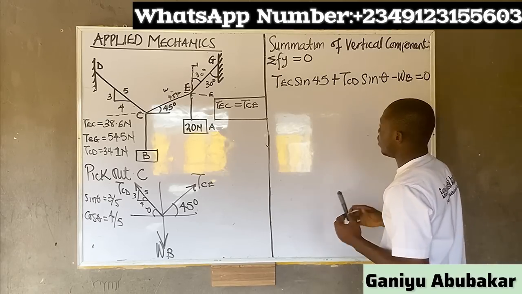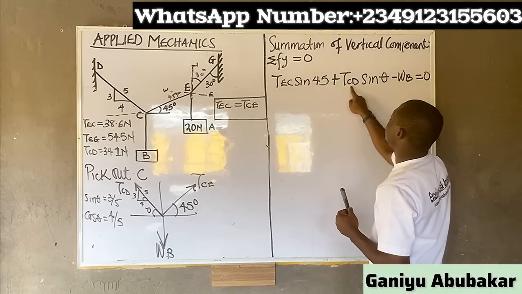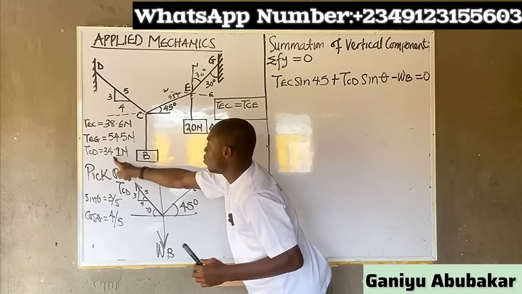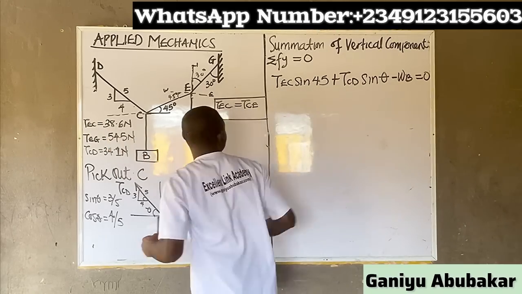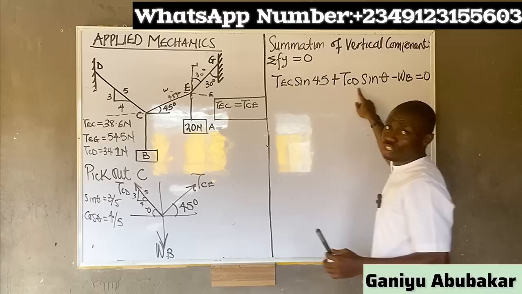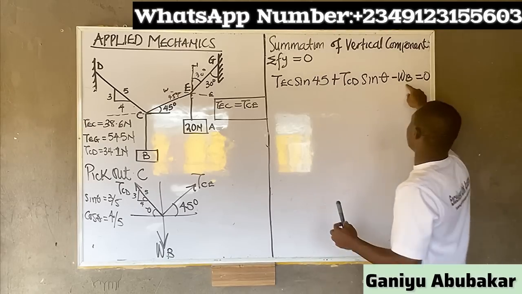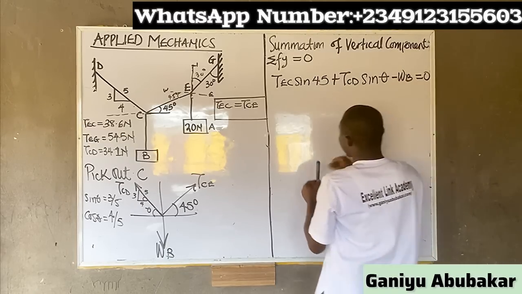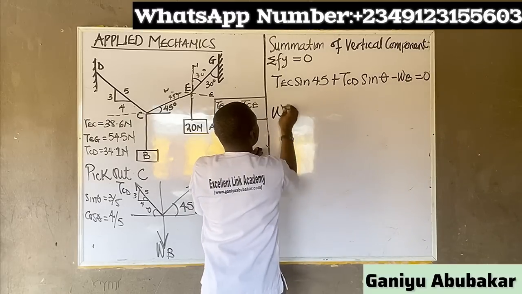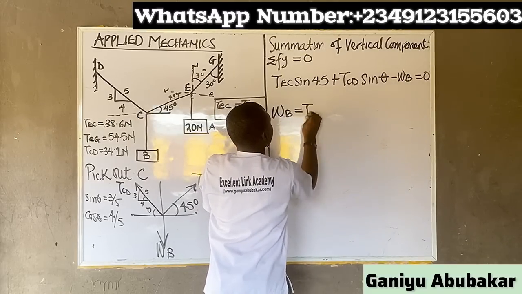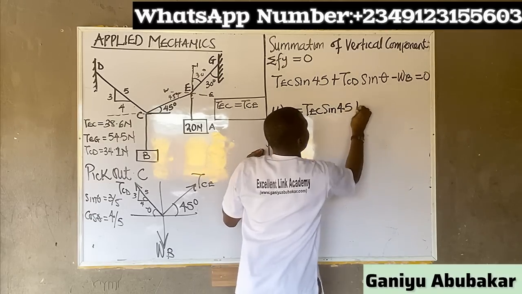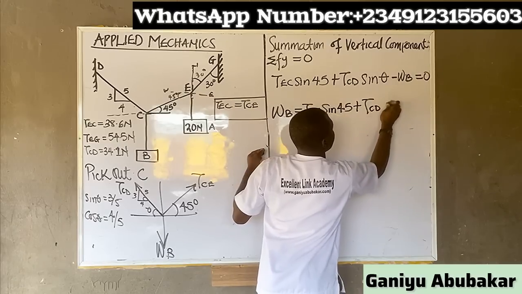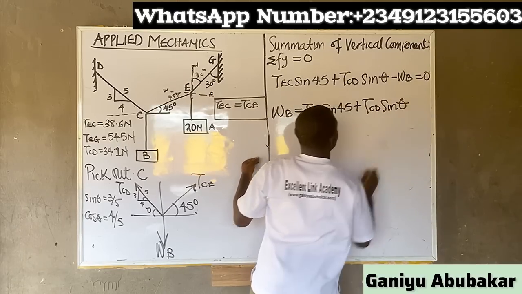Here's the idea and the concept. I've gotten TCD as this value. I've gotten TEC at this value. If I put them here, I can get the value of WB. So make W the subject. That gives you WB equals TEC sine 45 plus TCD sine theta.